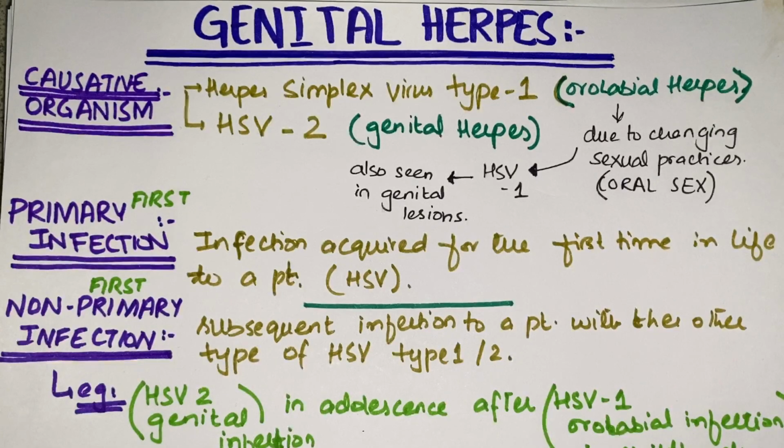A first primary infection is when a person has acquired infection with herpes simplex virus 1 or 2, either form of HSV, for the first time in his life.